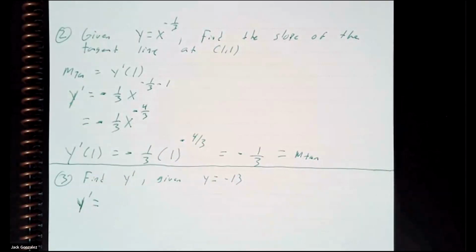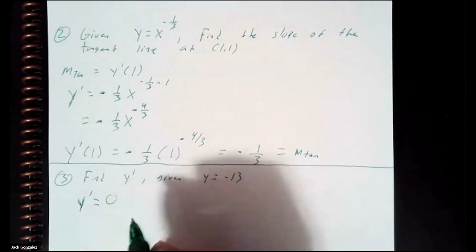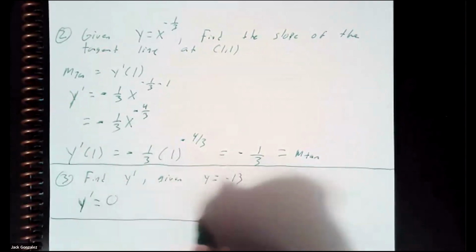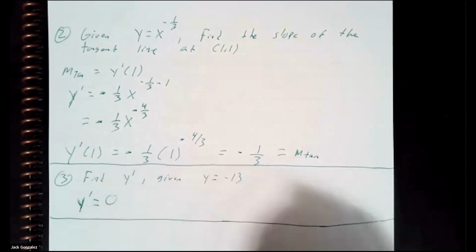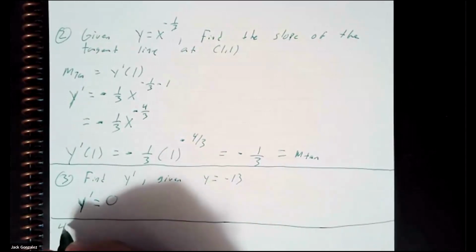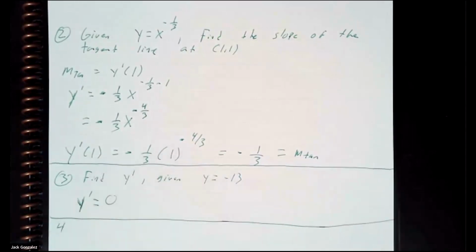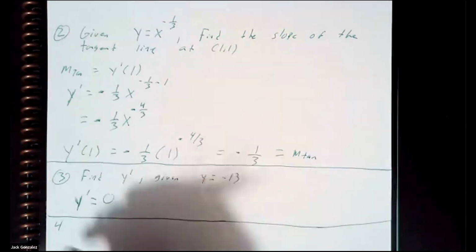What is the derivative of any constant? Zero. Yeah. You can prove it by doing the limit process, but I'm not going to do that. Let's do 5. You guys cool on 2 and 3?